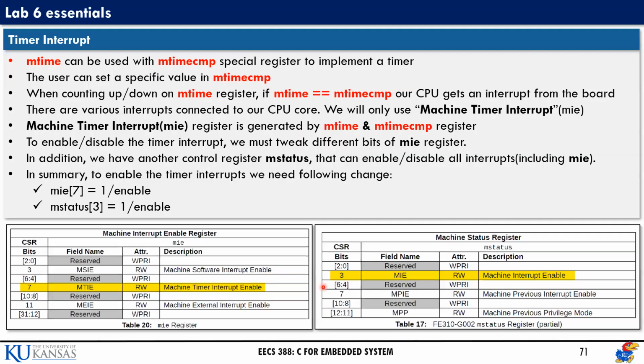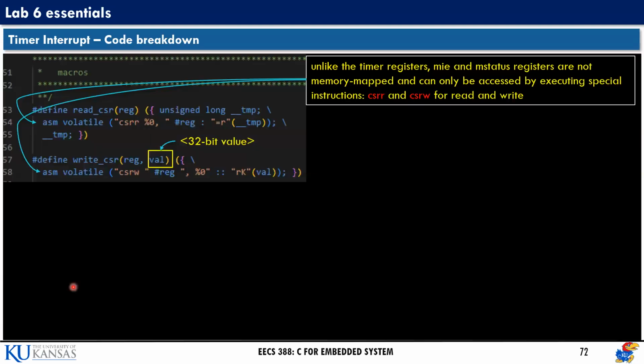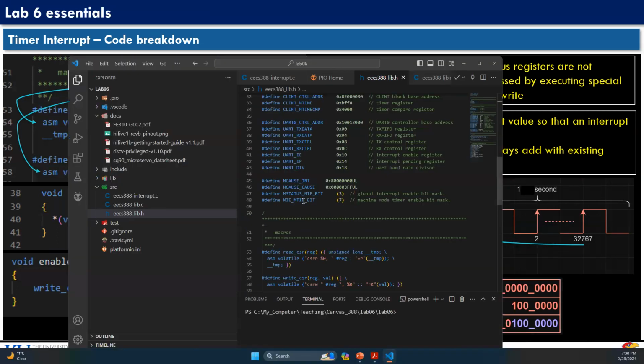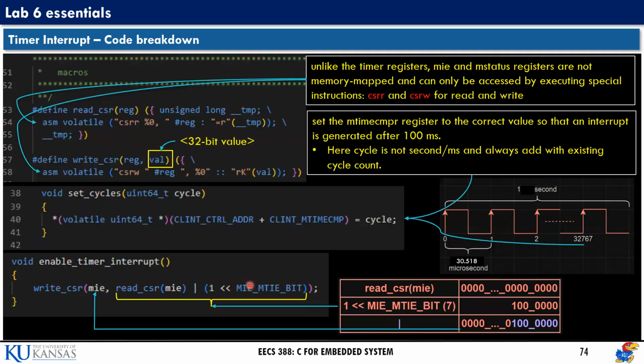We know how it looks inside, and we want to change bit 7. This variable, MIE MTIE bit, has the value of 7. If we go to our library file, you can see the machine mode timer enable bit is 7. So we are using this variable, shifting the 1 to that many positions, and simply doing the OR.